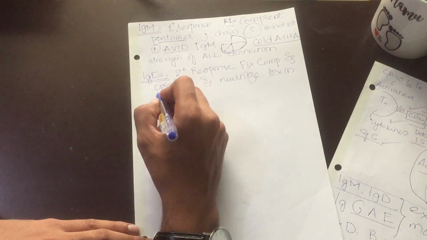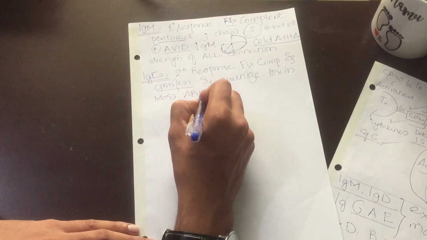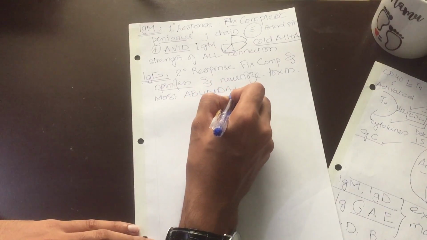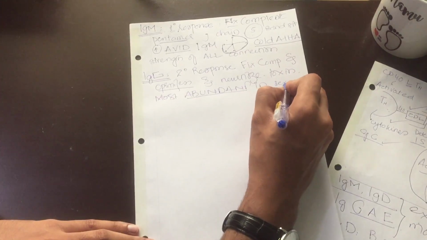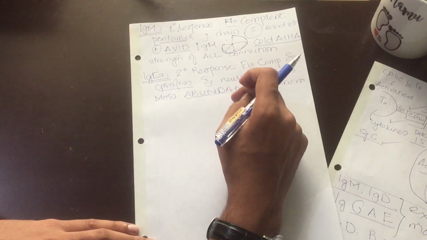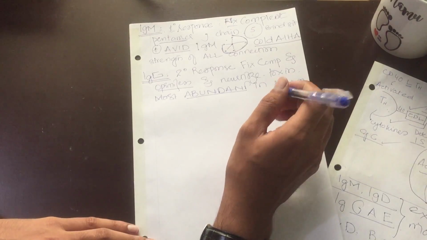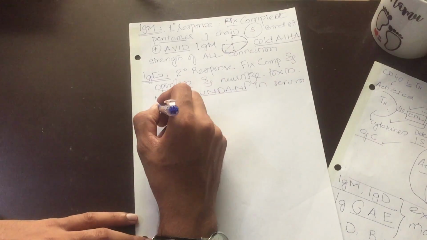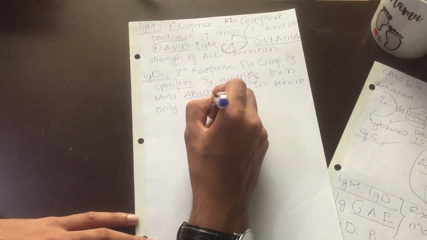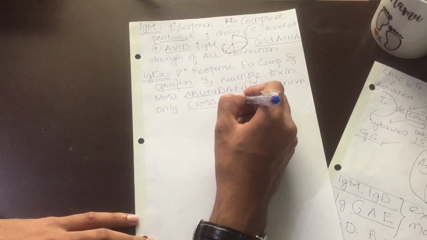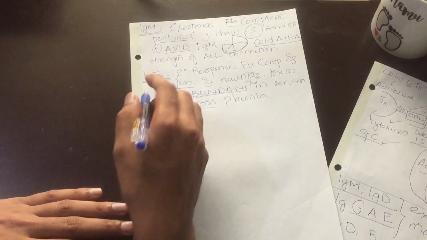It is the most abundant immunoglobulin in serum, and it is the only immunoglobulin which crosses the placenta and gives the fetus passive immunity.